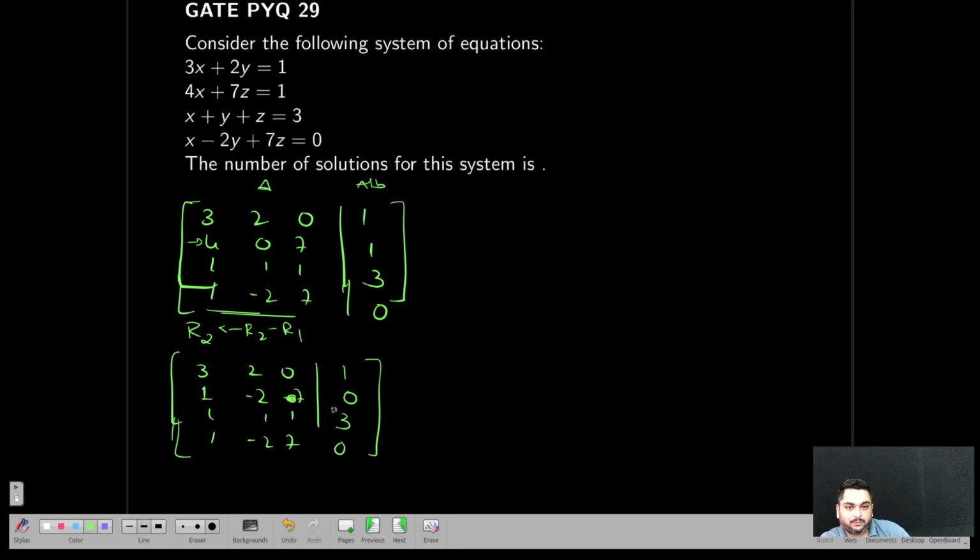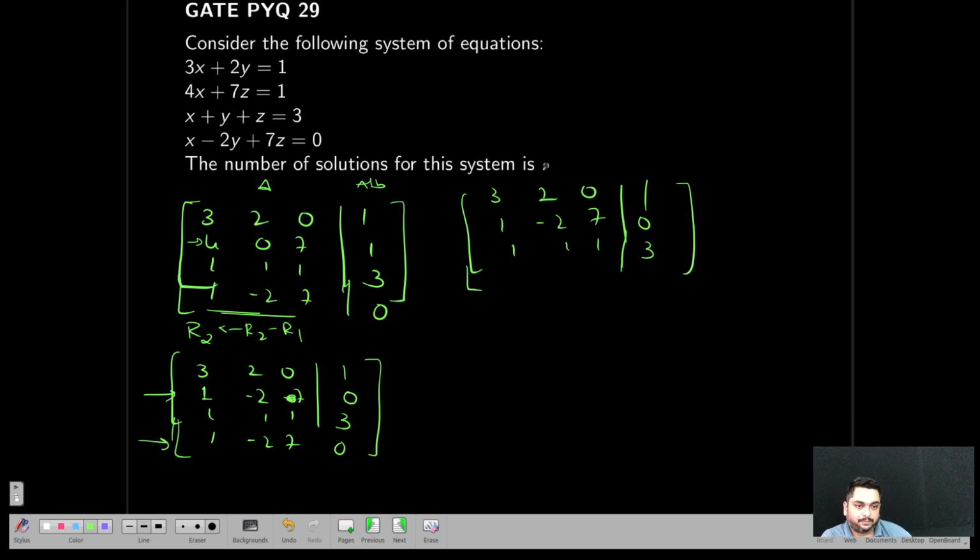Okay. Now if I subtract these two rows, I'll get one row as 0. So I'll perform R4 is R4 minus R2. So this will become 0, 0, 0, and 0.